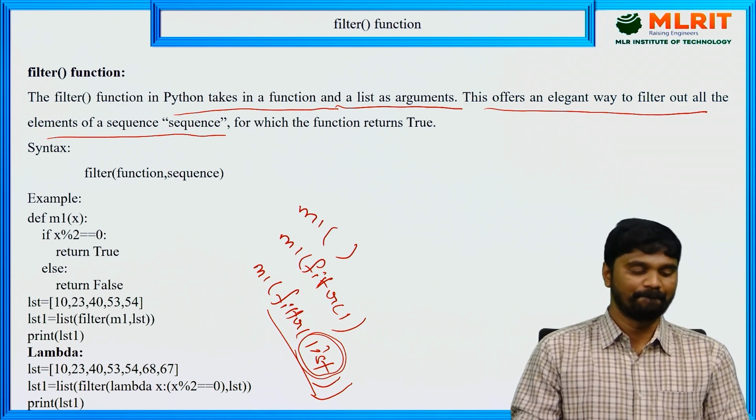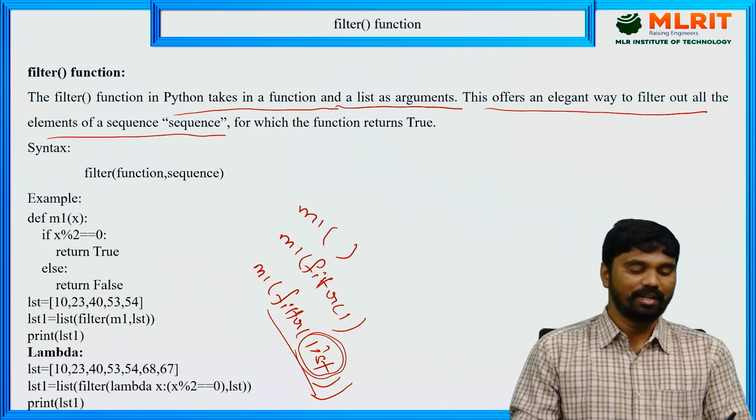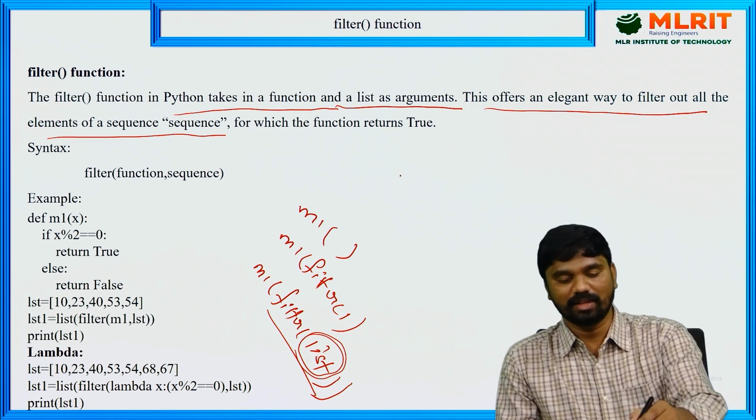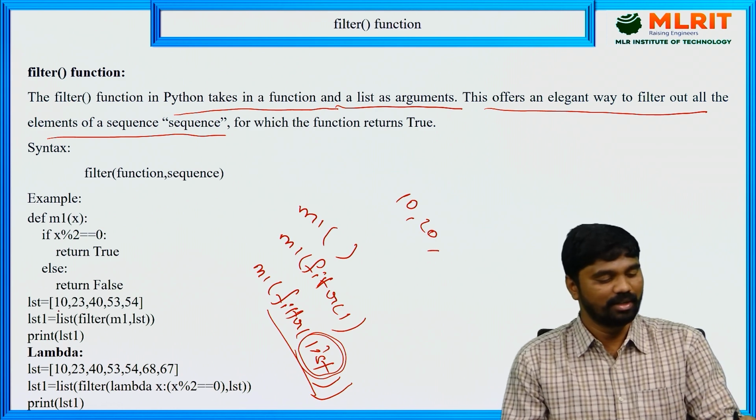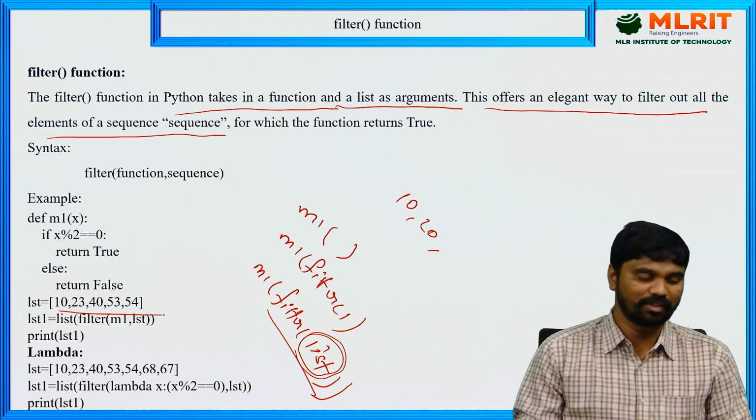Now, in that sequence, for example, we pass a list: 10, 23, 40, 53, 54.